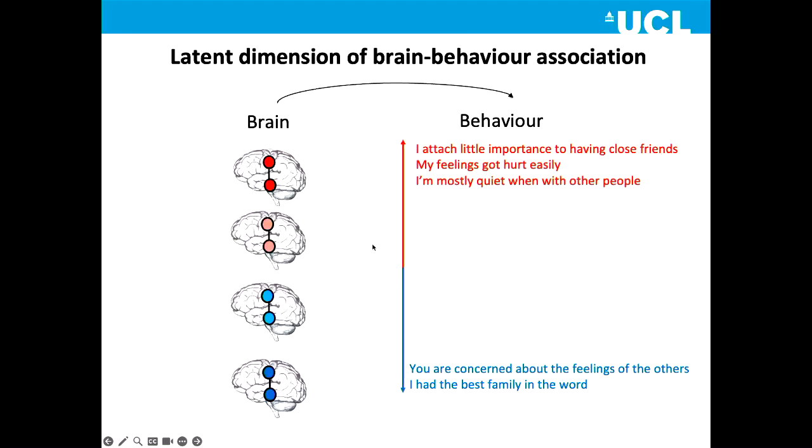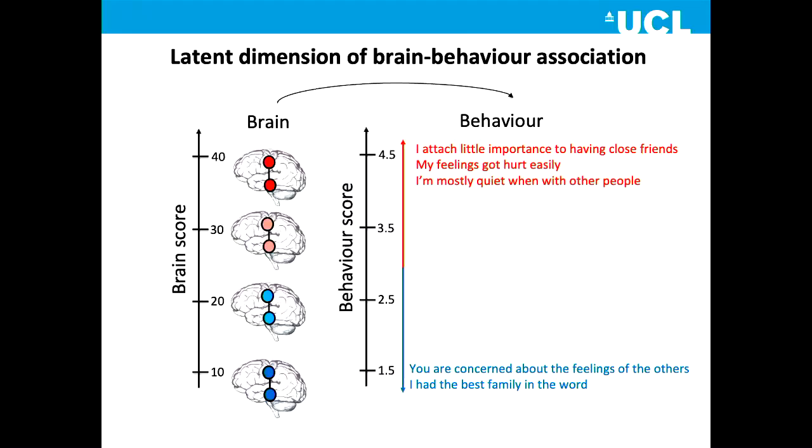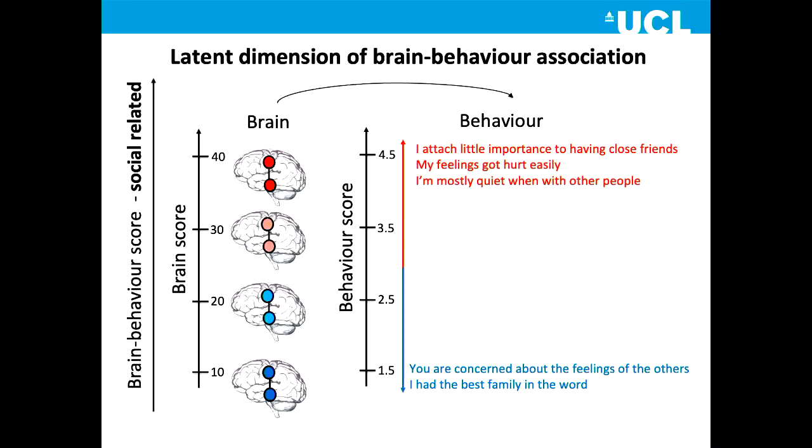So you see there is another pattern of covariation, and this one is more linked to social aspects. So now we have a latent dimension related to social aspects, and again we can compute the brain behavior score that is social related. Here I'm just giving an example that could be a pattern of activity, but this could be a pattern of connectivity or even a structural image. So we have to find just these patterns of covariation between the brain data and the behavioral data.